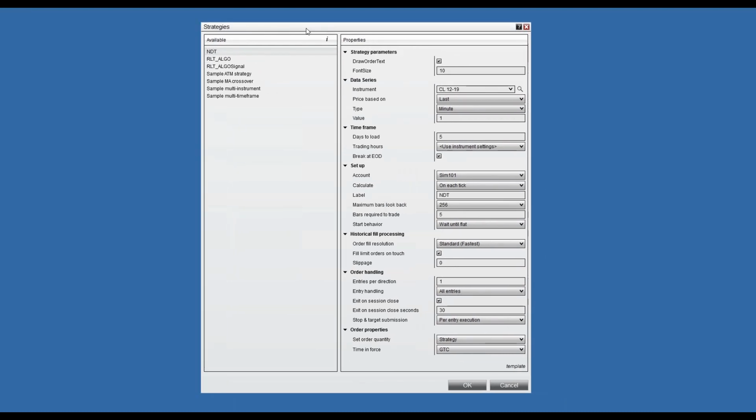Now here is a new strategy that I just brought up from this control system. This is the strategy for the instrument crude oil. All these inputs will be provided for you in the template.